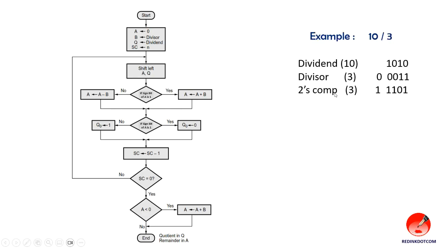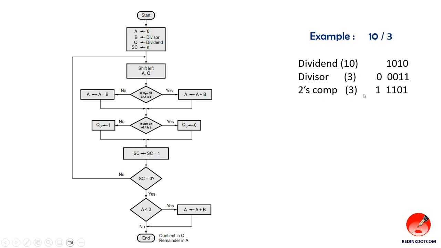Let's see the example. In this example, I am going to take the dividend as 10 and divisor as 3. I am explaining this algorithm with 4-bit numbers. So I am writing 10 as 1010 and 3 as 0011, including the sign bit. Then I am going to write the 2's complement for this number.